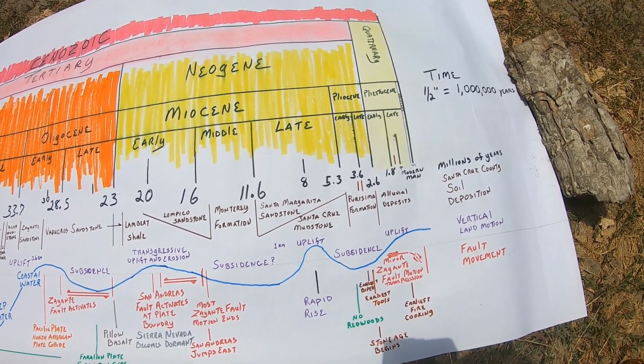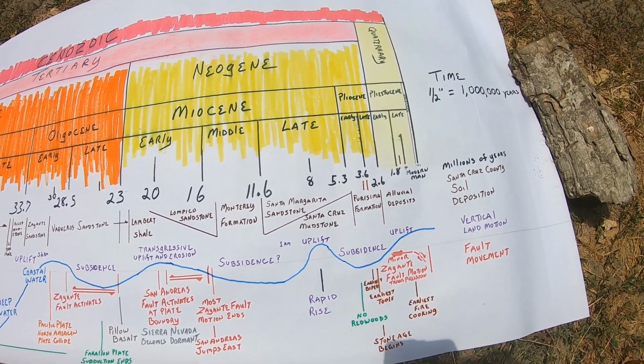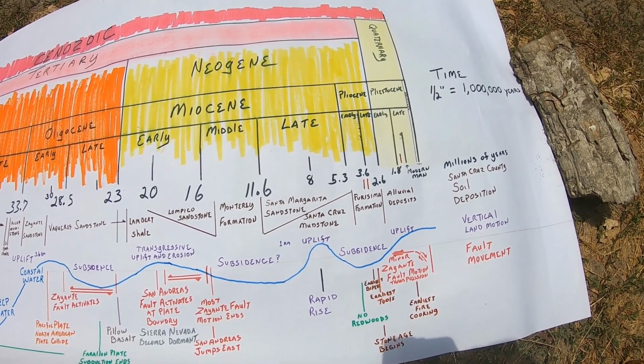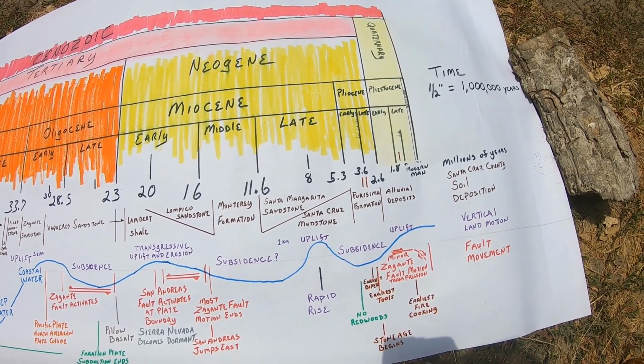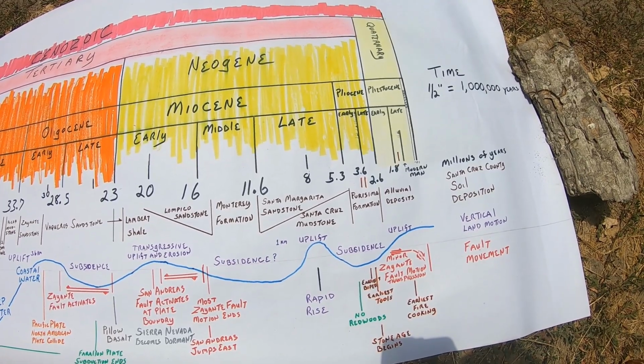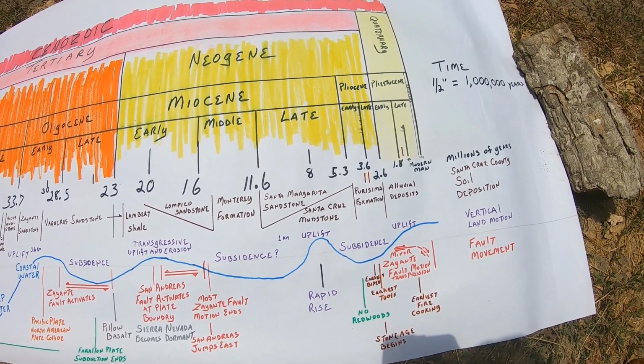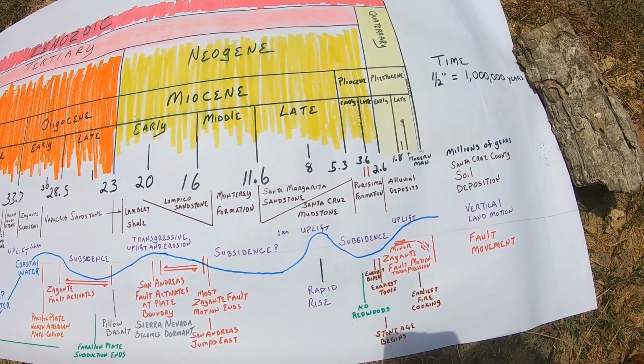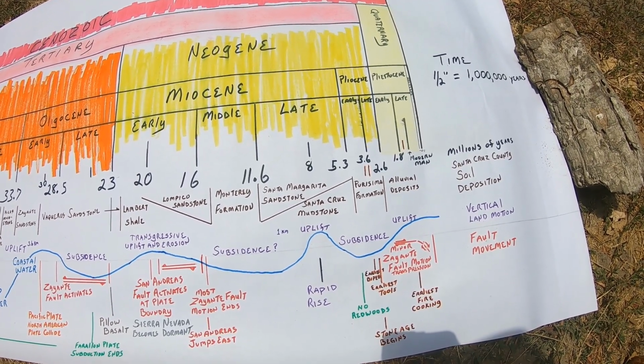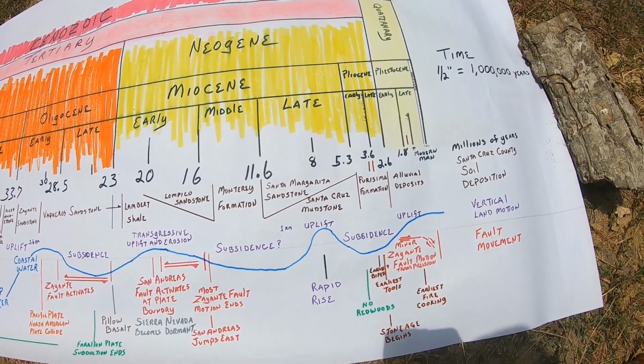Now you might wonder what the difference is between sandstone and mudstone. Mudstone is finer, it's a finer grit and usually darker, at least in this county, a darker rock.